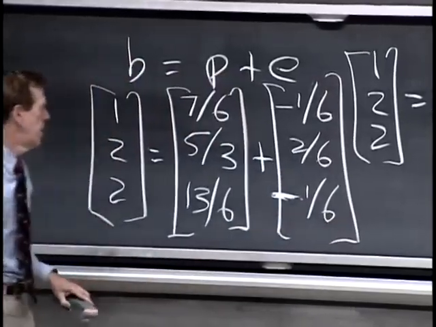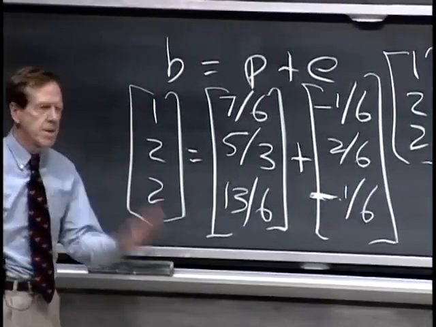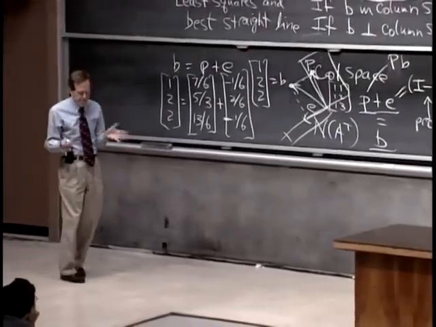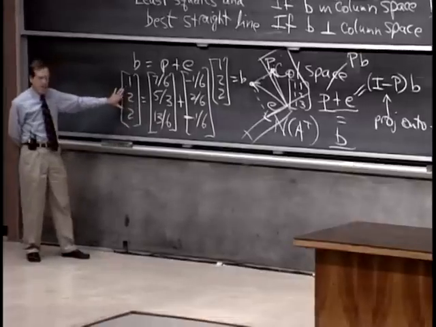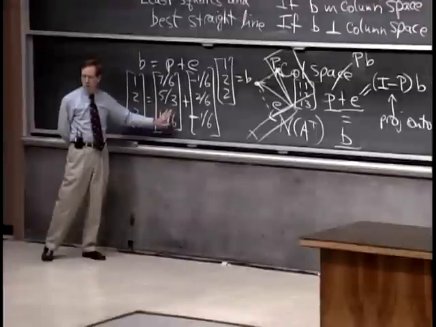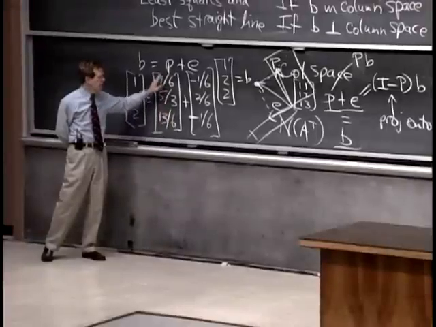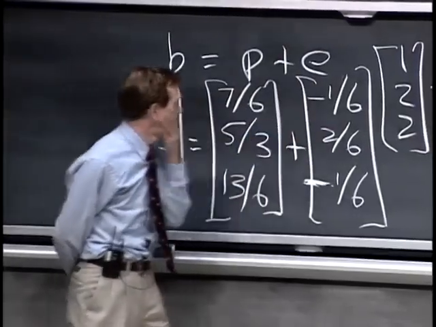Okay. Tell me some stuff about these two vectors. Tell me something about those two vectors. Well, they had to be, right? Great. Okay. What else about those two vectors, the projection vector P and the error vector E?